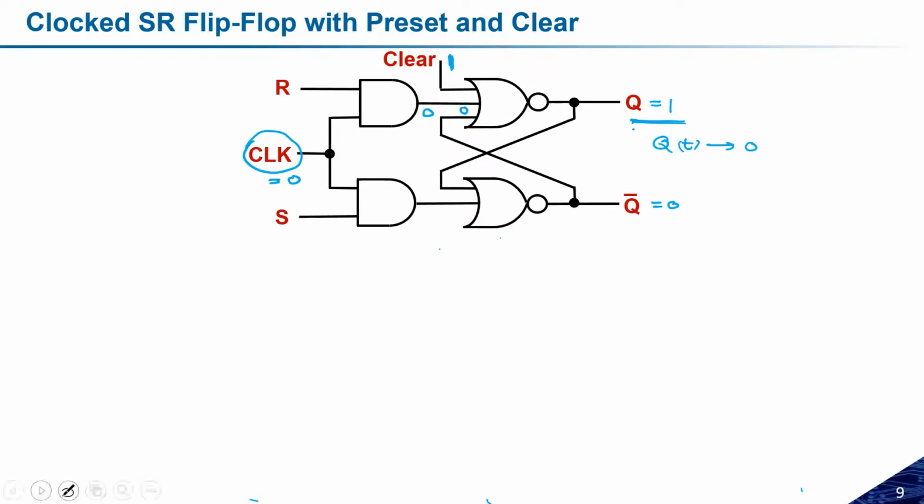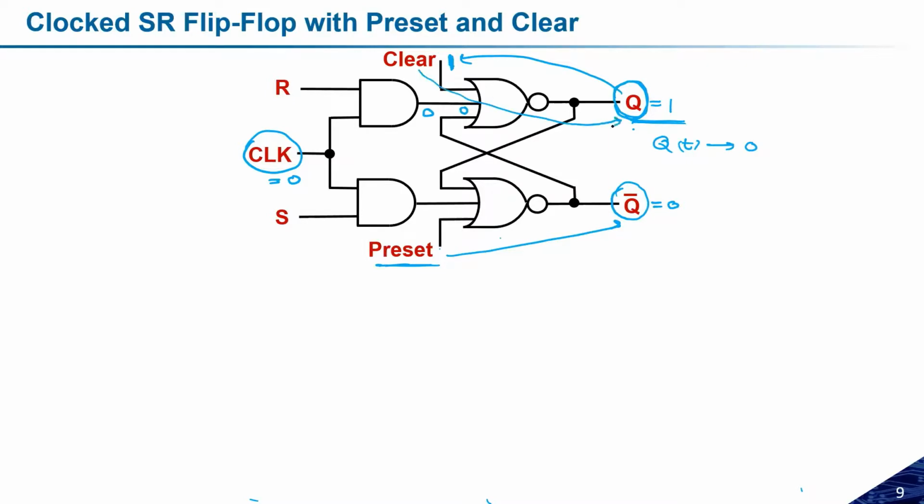Similarly, the preset works. If I am considering the QT output to make it clear, similarly I can consider the QT complement output to make it preset. The preset inputs are generally connected towards the QT complement, and the clear inputs are generally considered at the QT side.